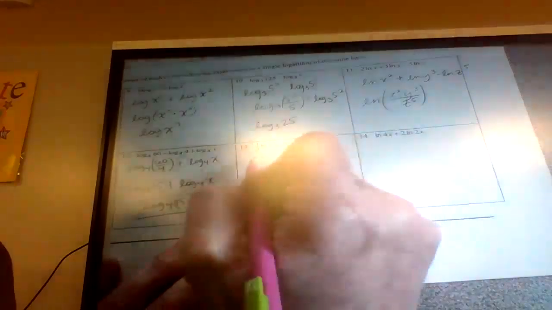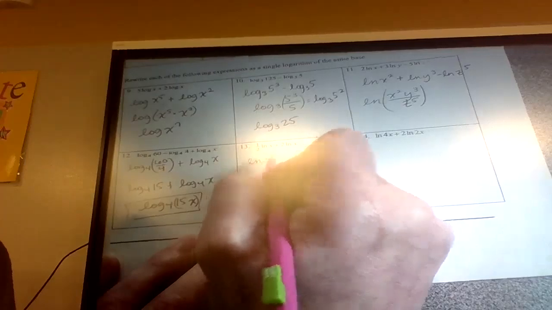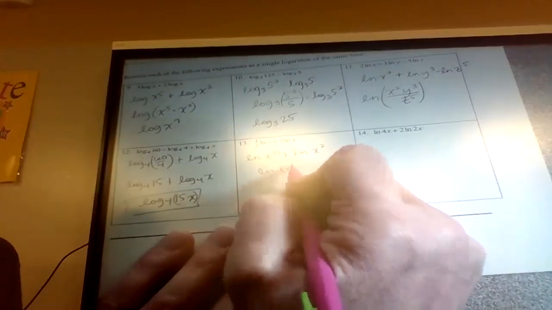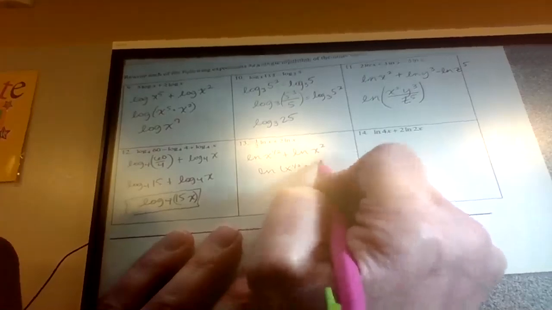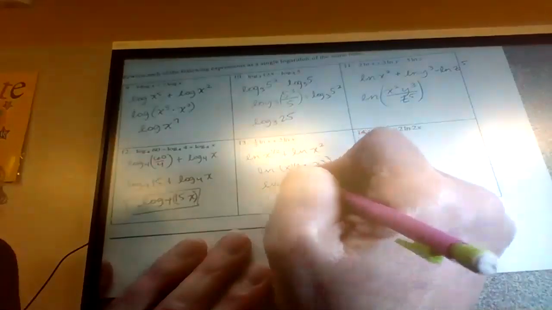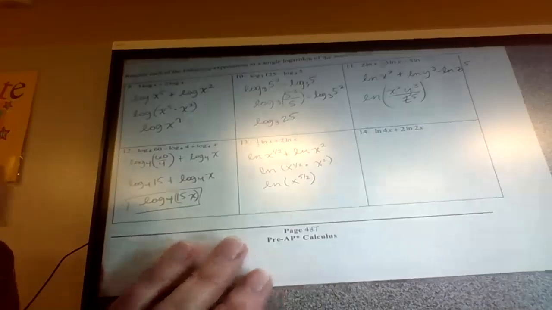All right, so natural log of x to the 1/2 plus the natural log of x squared would be the natural log of x to the 1/2 times x squared, and the natural log of x to the 5/2. Is there anything that says we can't leave that like that? Single logarithm. We can leave it like that.